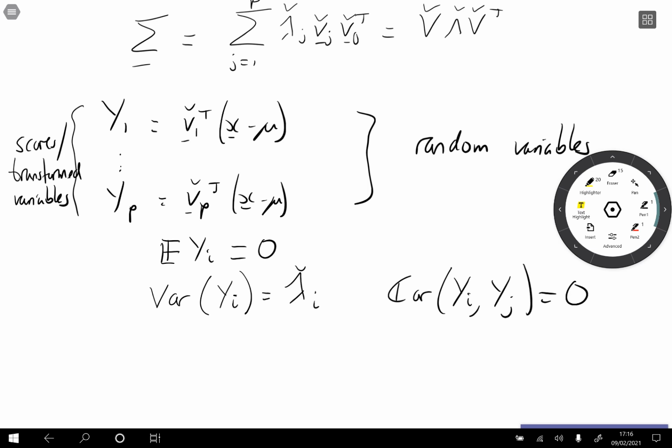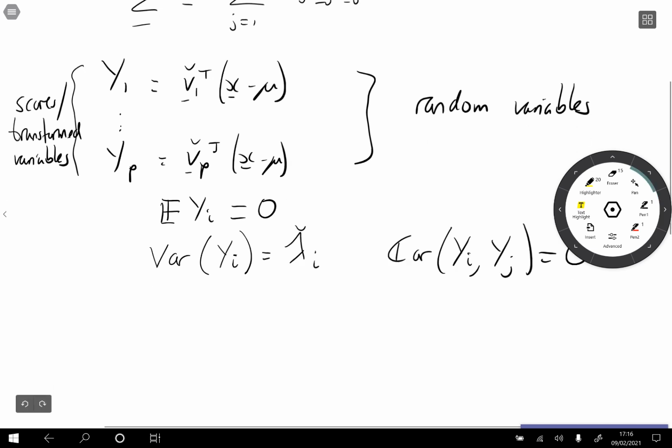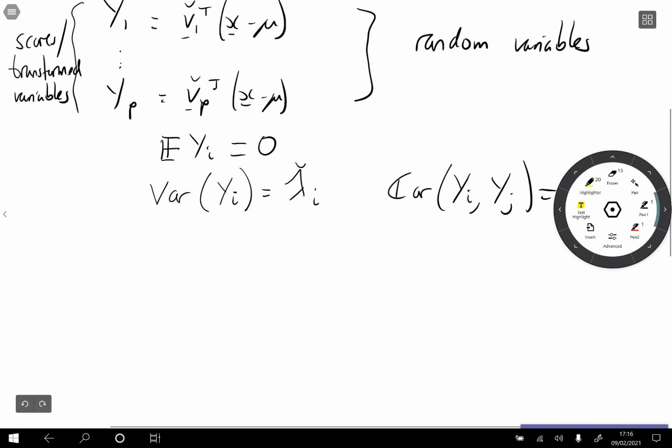We're not in this situation very often where we actually know the true underlying population variance, but if we are, we can transform the variables in this way. But the useful way of thinking about this is that it gives us an idea, statistically, of what the principal component analysis is doing.